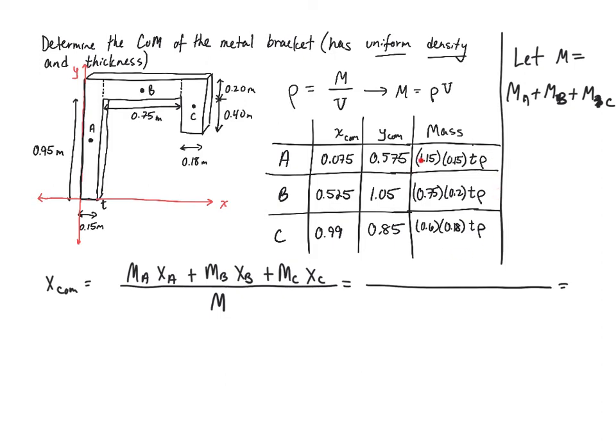These 3 entries right here. So let me write the numbers on the side. 1.15 times 0.15. That's going to yield 0.1725. And that'll be, again, a thickness times density. 0.75 times 0.2.